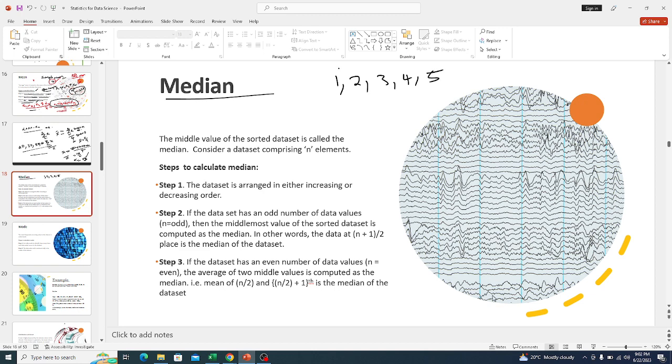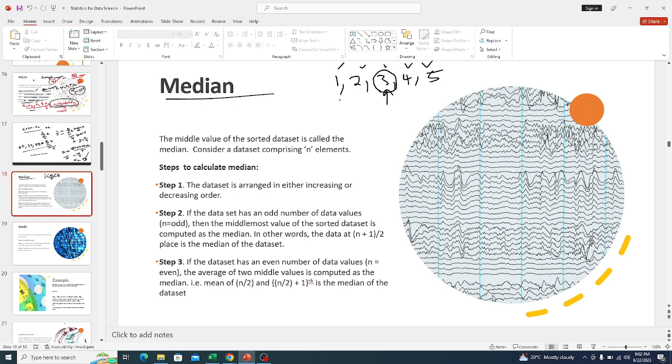You can see the count is odd. So if the count is odd, we take the middle value of the sorted set of values.